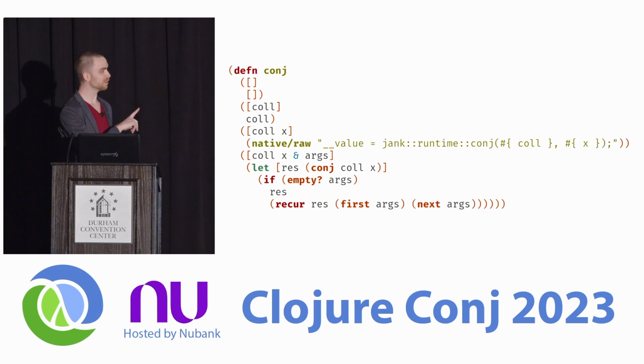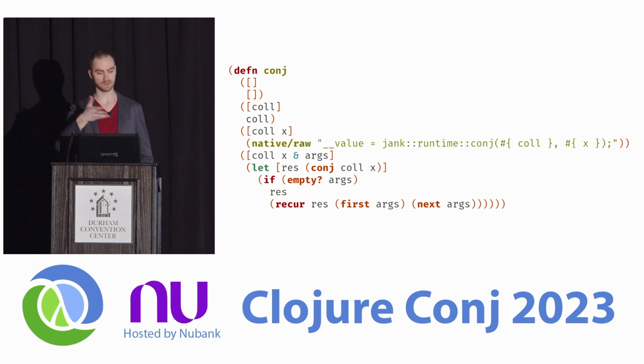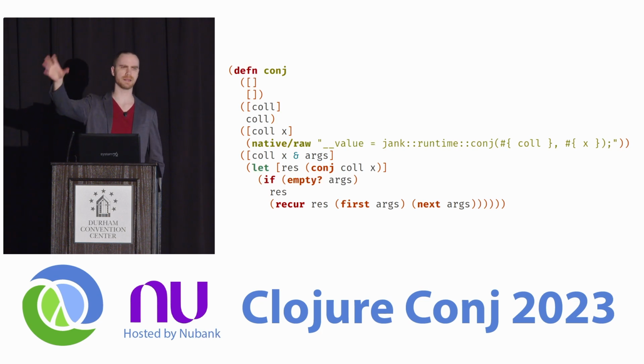But my point here is that conj, and this is actually the way that conj is implemented in Clojure core in the Jank compiler, just calls into ultimately a conj function in C++. And if you look at the way that it's implemented in the JVM, Clojure JVM version, it's the same thing, except it calls runtime.conj. So all of these are just built on interop.